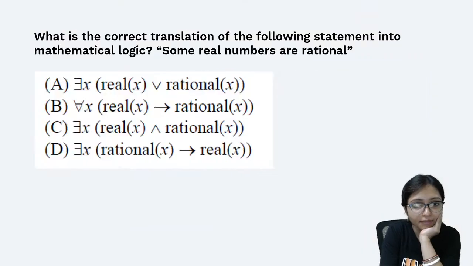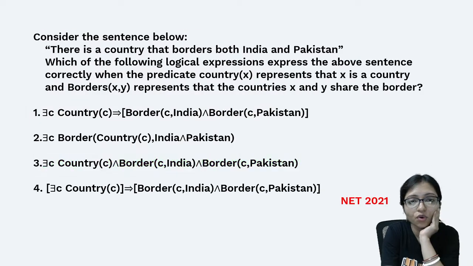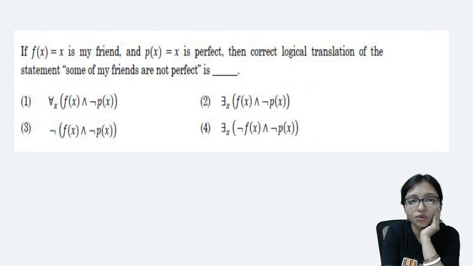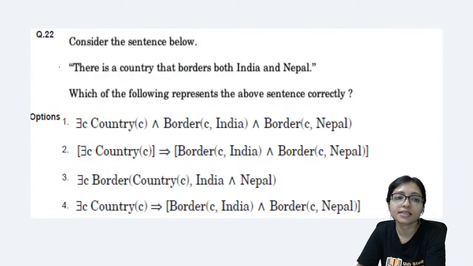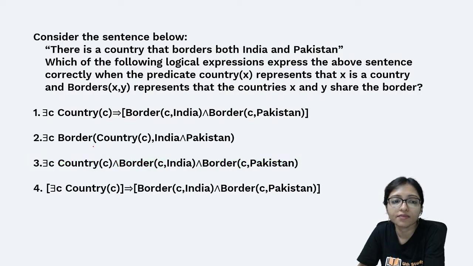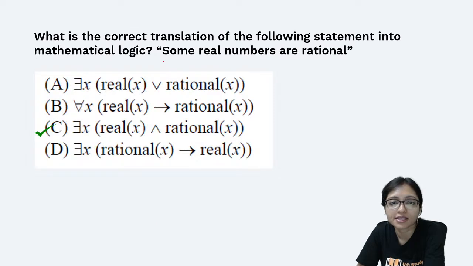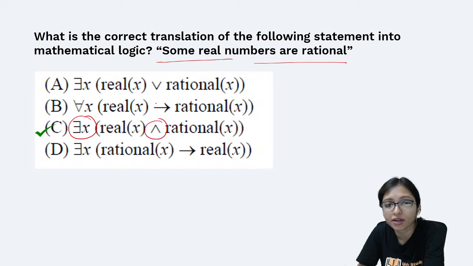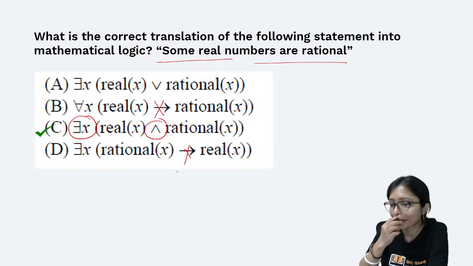Remember that. That's why if you now go back to all the questions where you were confused, you can see that there is a country, India and Nepal. That's why with the there exist we use "and" here, not implication. Here also, the next one, some real numbers are rational, with the there exist we use "and", not implication, right?